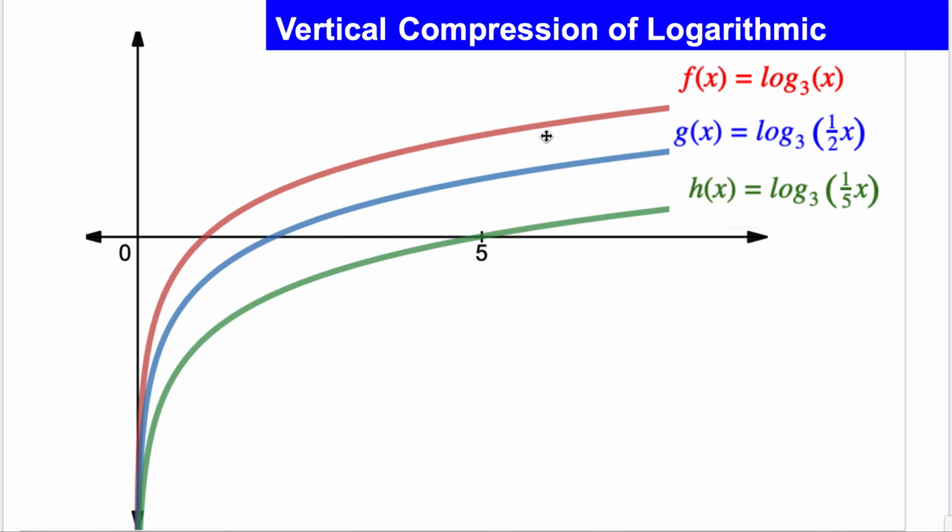So we're going to have a vertical compression down. Now, for example, h of x, the green function, is 1/5 of log base 3 of x. So this is smaller than 1/2. The smaller the value, the more it approaches 0, the greater the compression. So h of x has a greater compression from the parent function than g of x, this compression from the red function to the blue function.